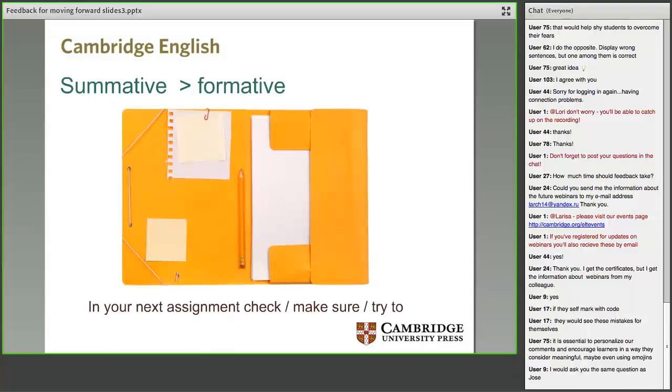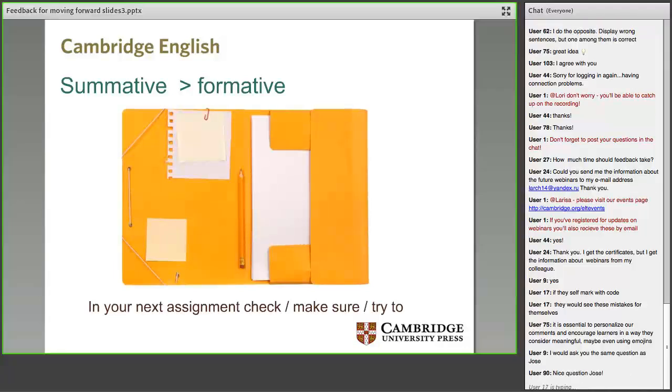I also might write, in your next assignment, try to use a wider variety of adjectives or something like that. So something that will help them. And then they keep everything in the folder. They have a checklist of what I've told them they need to check. And then I can just quickly look back and see whether they have in fact done those things.